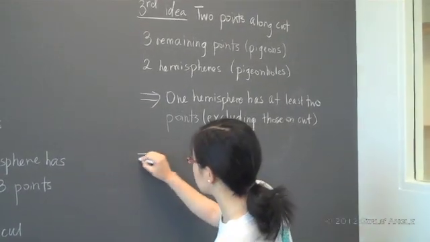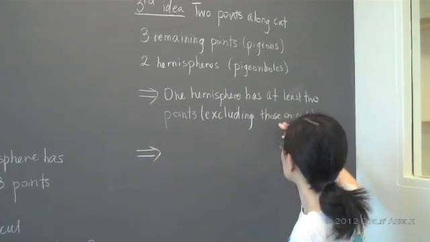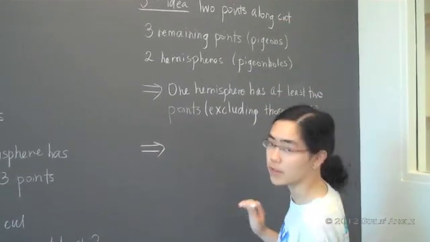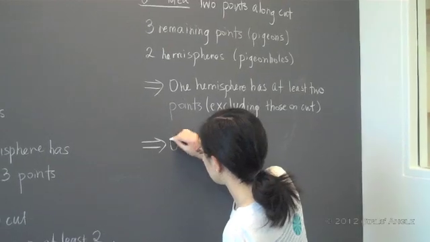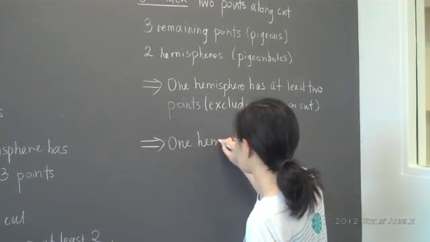Hence we conclude this hemisphere has 2 points not on the cut, 2 points on the cut, that gives 4 points altogether as desired.